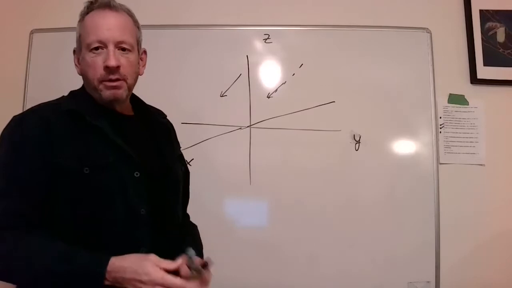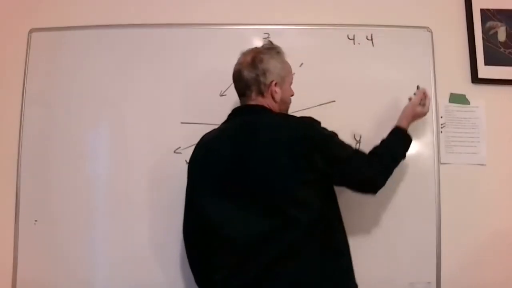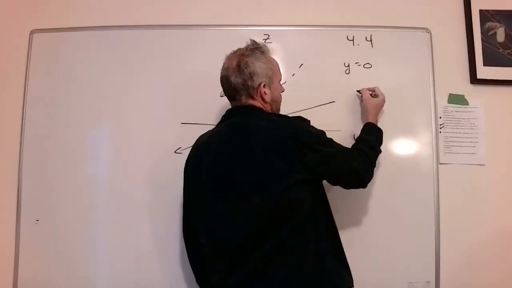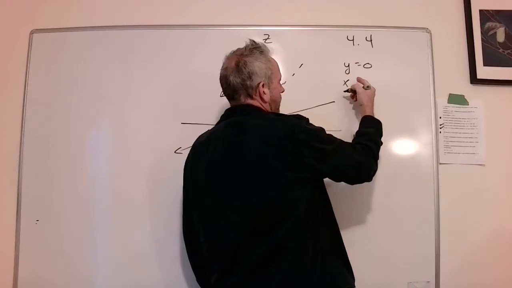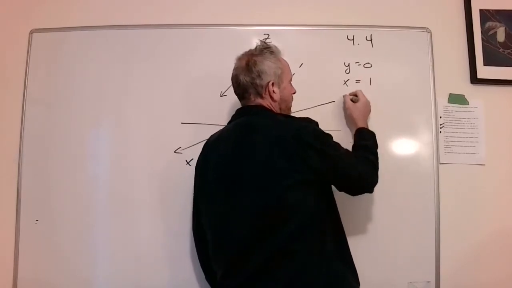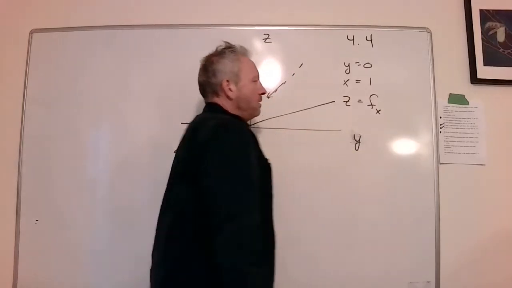Now, if you look at the book, and again, we're in 4.4, what did I just say? I just said make y equal to 0. Arbitrarily make x equal to 1. And then z will be the partial derivative with respect to x.